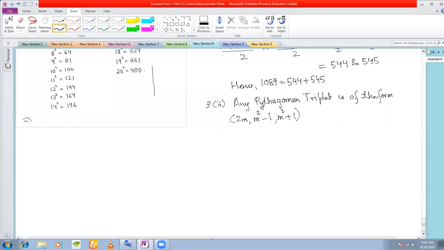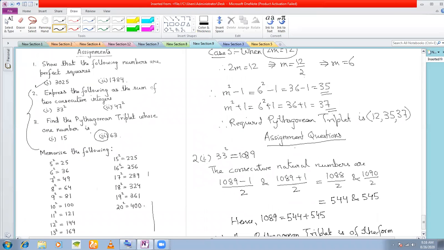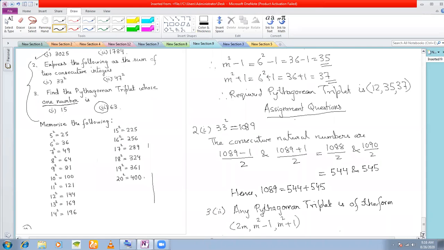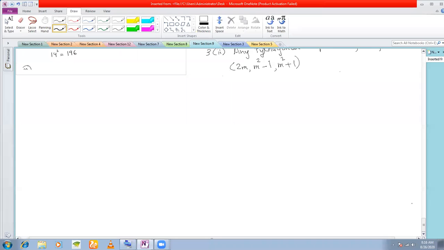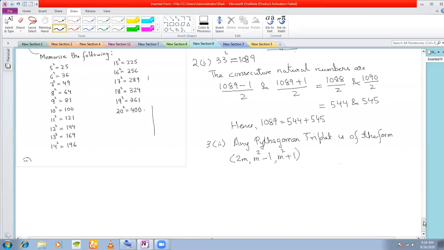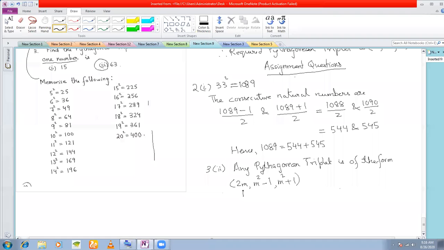Any Pythagorean triplet must be of this form. Now the question here is, find a Pythagorean triplet whose one number, that is one of these numbers, is 63. That means 63 can be any of these three numbers. Either 2m can be 63, or m square minus 1 can be 63, or m square plus 1 can be 63.